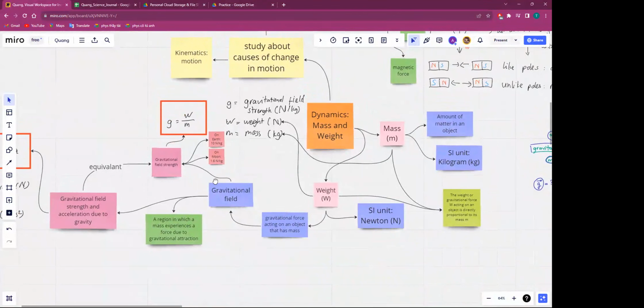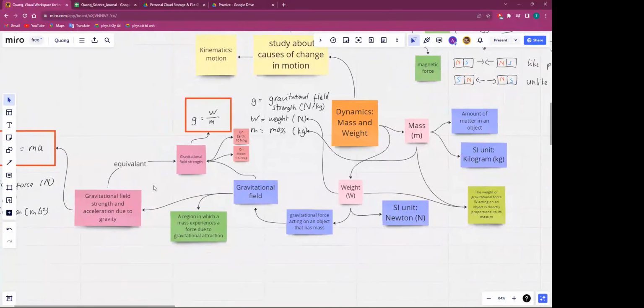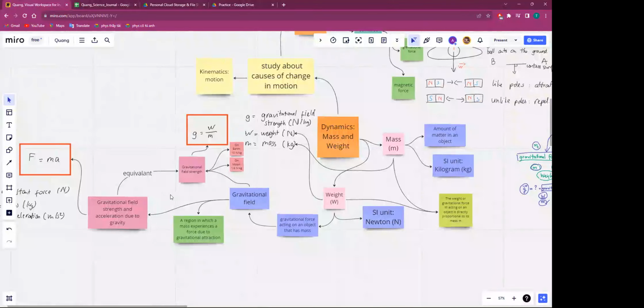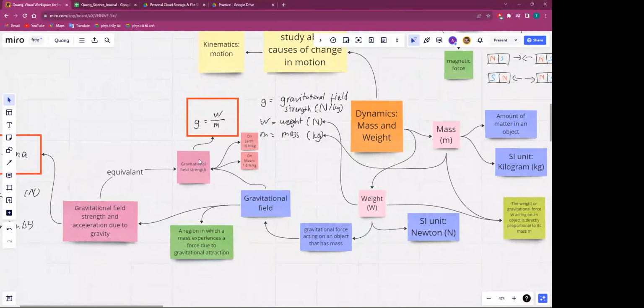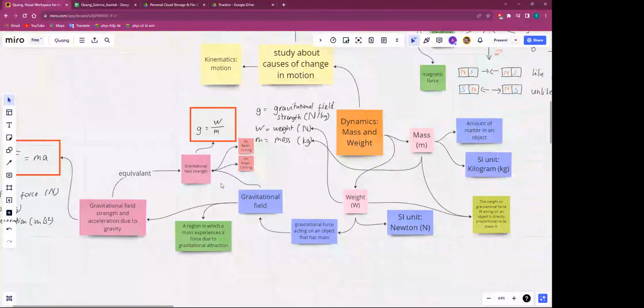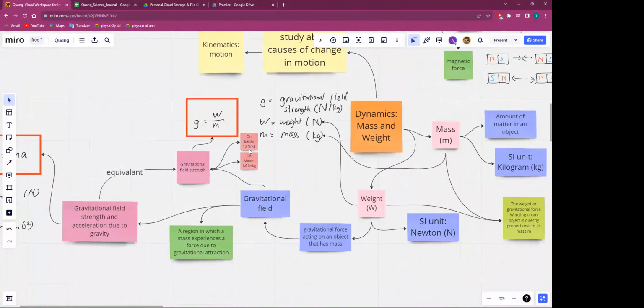So that will give us two: gravitational field strength and the acceleration due to gravity. First, the gravitational field strength. On Earth, it's 10 Newton per kilogram, and on the Moon, it's 1.6 Newton per kilogram. So the gravitational field strength is different on different planets.